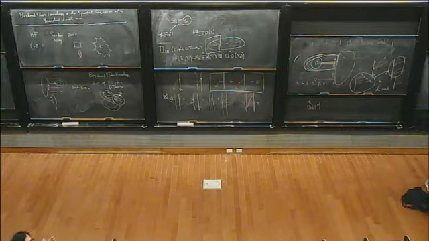And now I can define what I mean by this tensor product. The tensor product of a type A structure and a type D structure has differential given as follows. There's a term where I just differentiate on the type A side, on the A infinity module side. There's a term where I differentiate on the D side that spits out an algebra element, which comes in and m2 acts on the algebra on the A infinity module side.